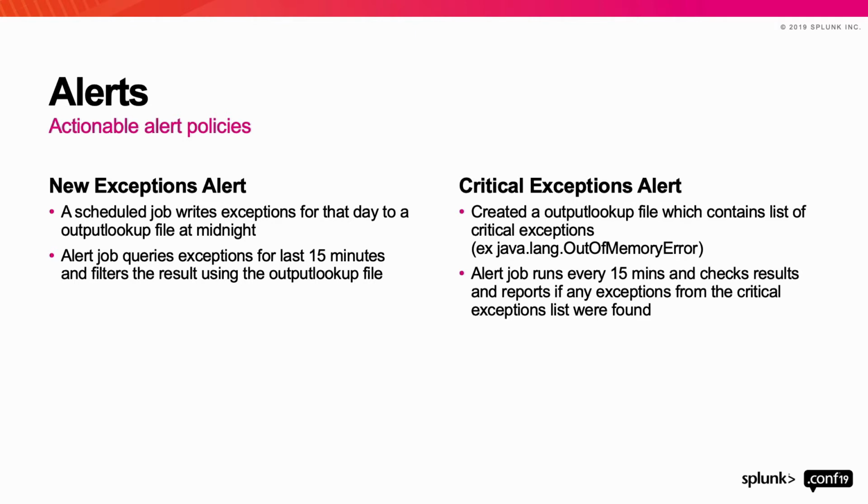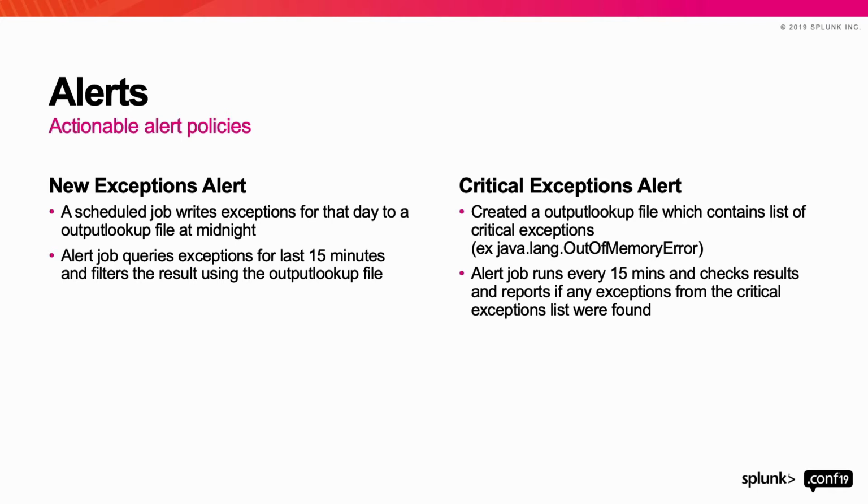The second part is an alert job that runs every 15 minutes and does a comparative diff, checking whether it saw that exception yesterday. If it did not see it yesterday, then it notifies us. So that's the new exceptions alert.